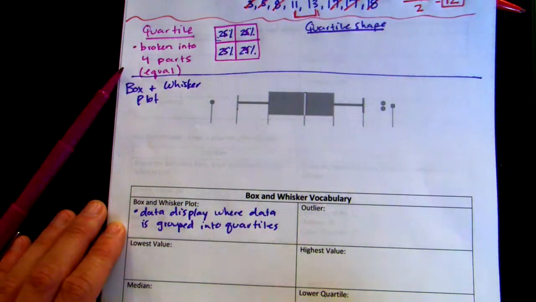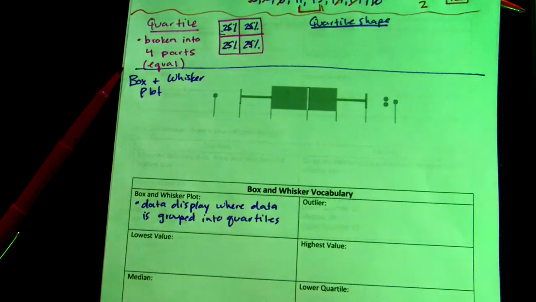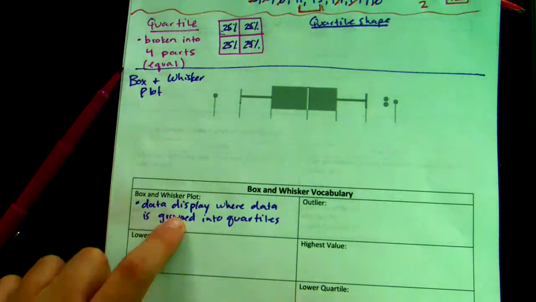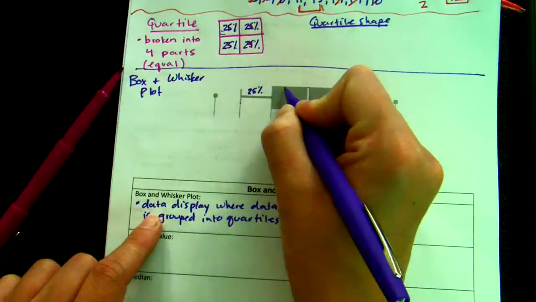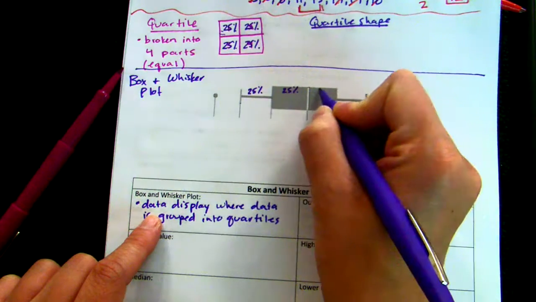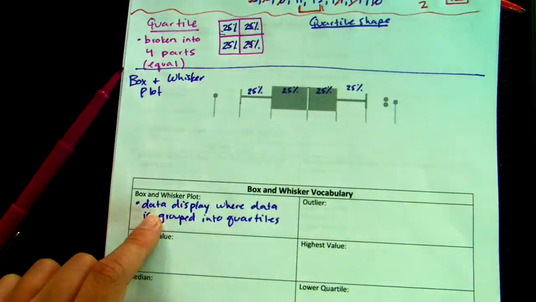We're going to label all the parts of a box and whisker plot, and today we're just working with looking at them and gathering data. Like we said before, 25% of our data is in this section, 25% is in this quartile, 25% is in this quartile, and the last 25% is in this quartile.